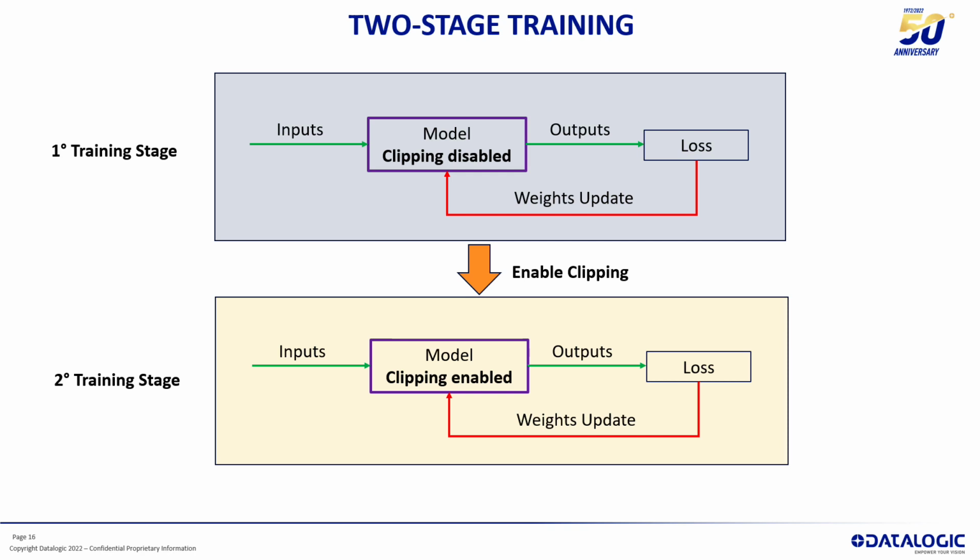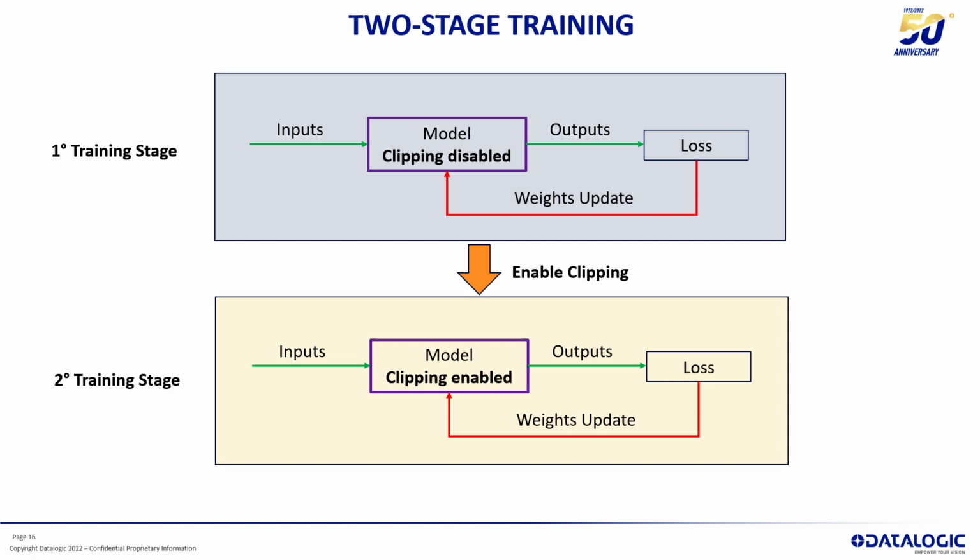Unfortunately, if you try to train from scratch a binary neural network model with the clipping operation enabled, you won't get the same good accuracy as you expect, and sometimes the network won't learn at all. We found out that the clipping operation, at least at the beginning of the training, completely prevents the topmost layer from being trained properly.